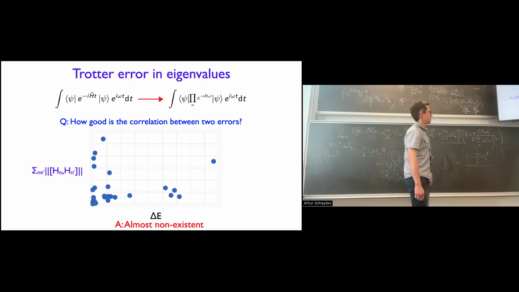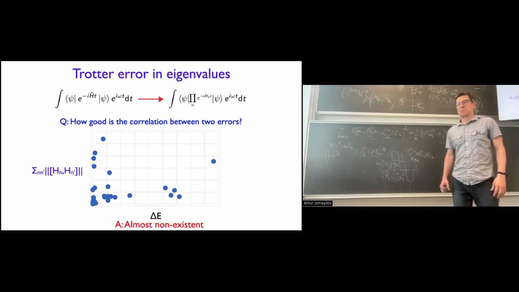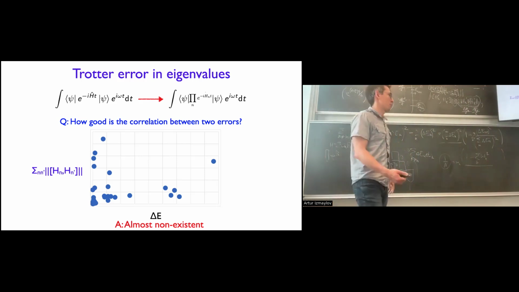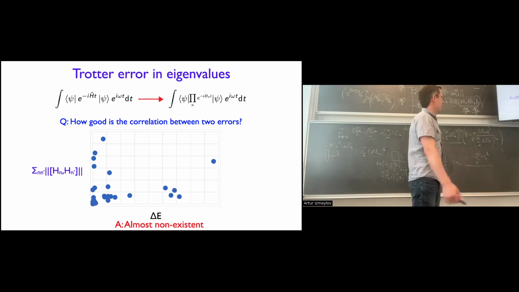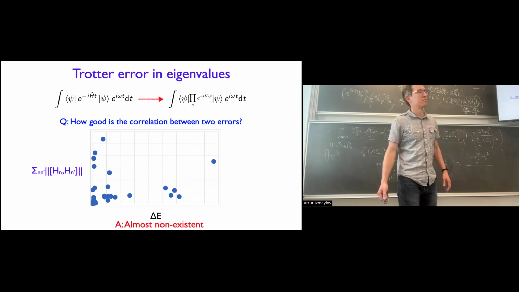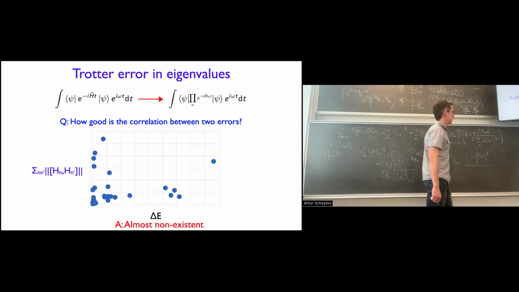So it turns out that looking at this quantity as a way to predict how good your eigenvalues coming out of the Trotter approximation are is not a good idea, surprisingly, because one would expect the better the evolution, the better the eigenvalues, right? But the correlation there is not that good. Okay.